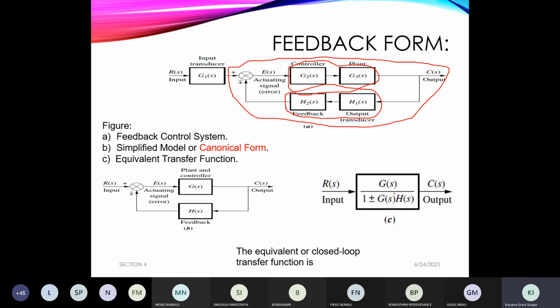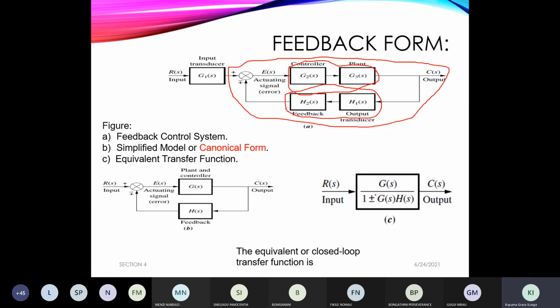of this system is equal to, as you can see, G of S, which is our transfer function, over 1 plus or minus, it depends on the sign that we have on the comparator or the summing point.